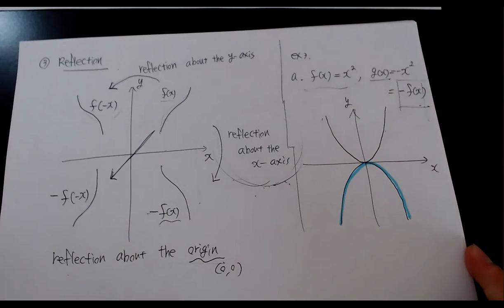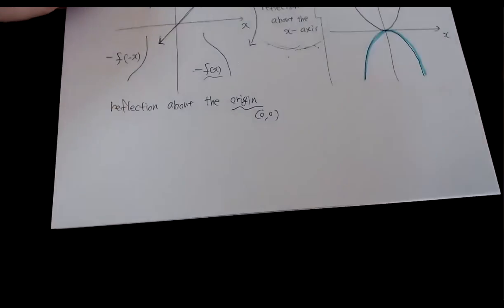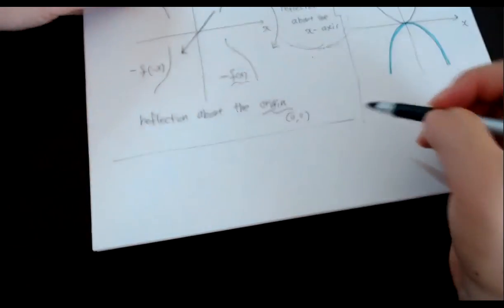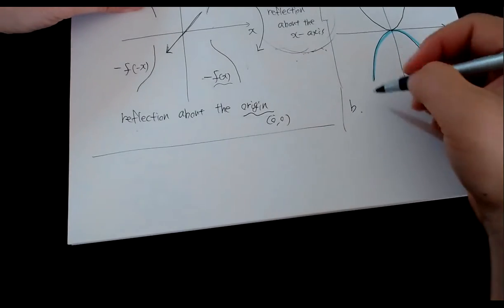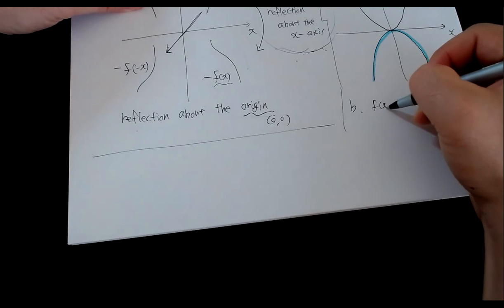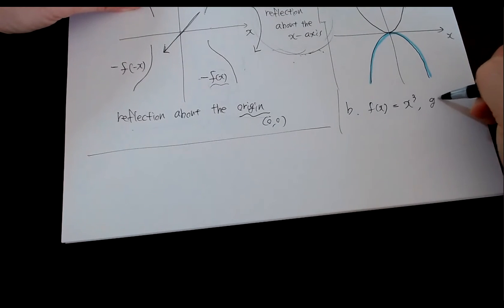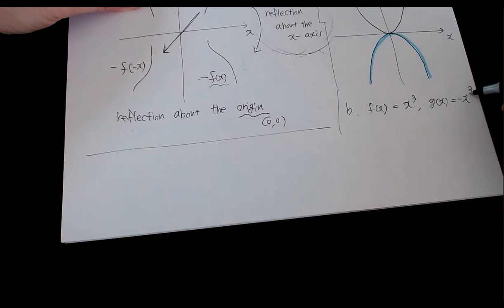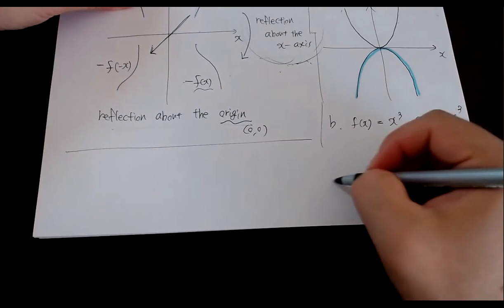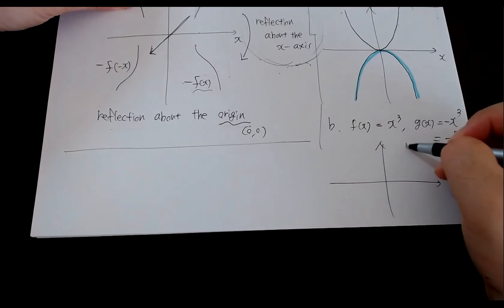Okay, so now what about b? f of x is given by x cubed, and g of x is negative x cubed. Negative x cubed is nothing but negative f of x. So the graph of x cubed is this.